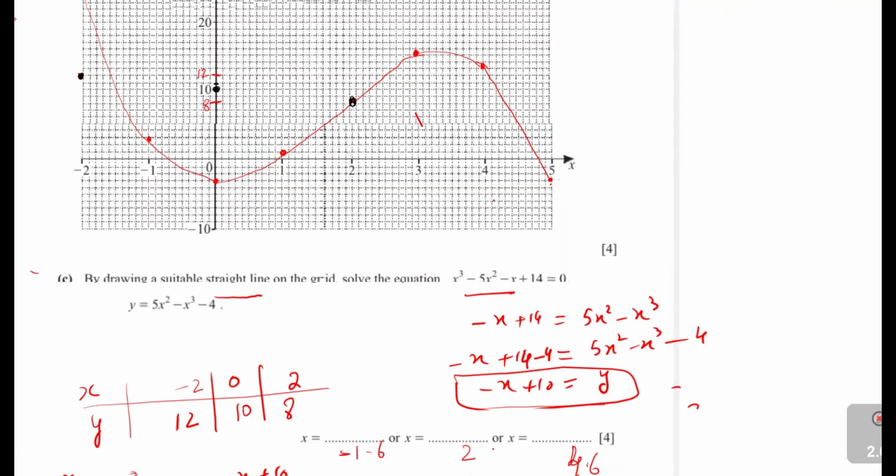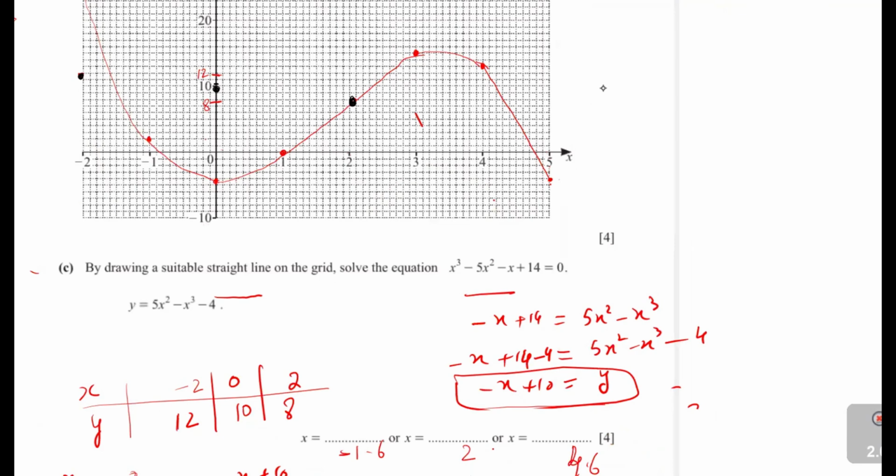Now by joining these points, we will get the straight line. Look here, when we join these points, we get a straight line. Where the graph and line intersect, this point is minus 1.6. At this point, x equal to minus 1.6. And at this position, the straight line intersects the graph, x equal to 2.